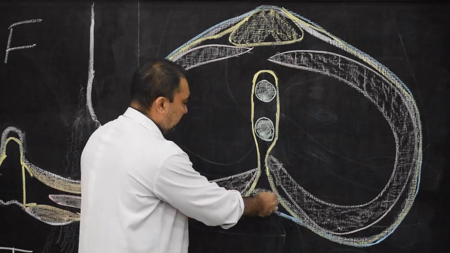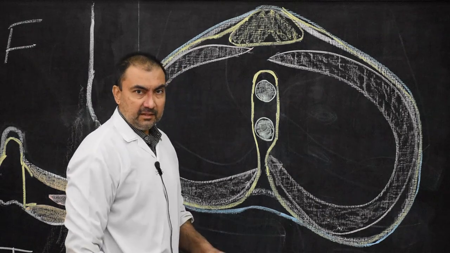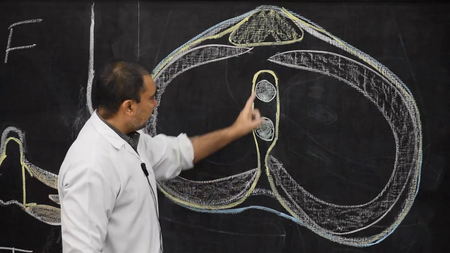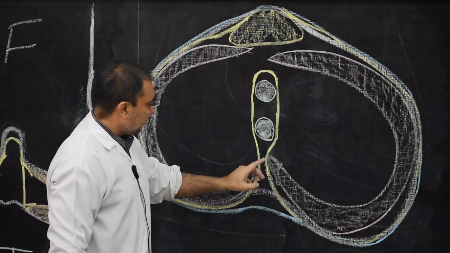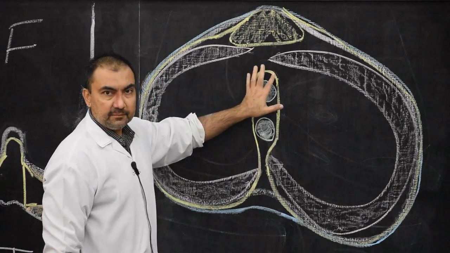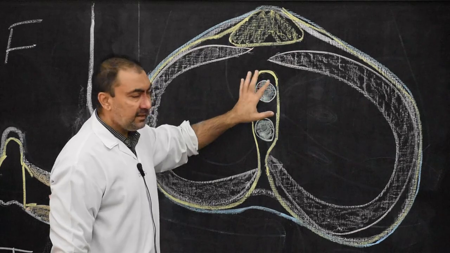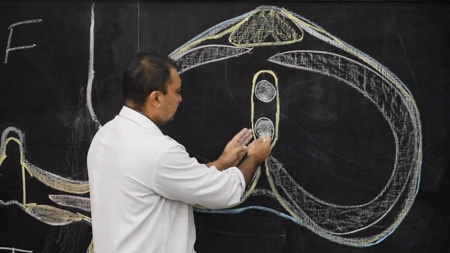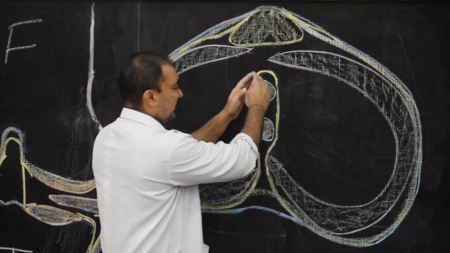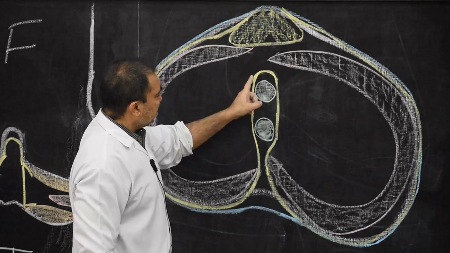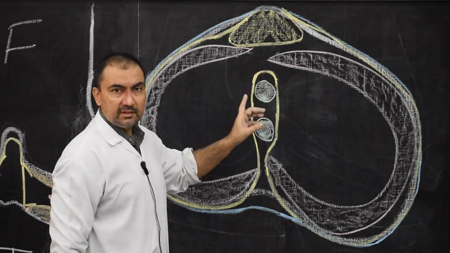By its invagination from the posterior side. And we know that this synovial membrane, we have seen, it is invaginating from the posterior side inside. Inside it is invaginating in the intercondylar area in such a way that it will cover the sides of the anterior and posterior cruciate ligament, and then it will cover the anterior cruciate ligament from the front completely.